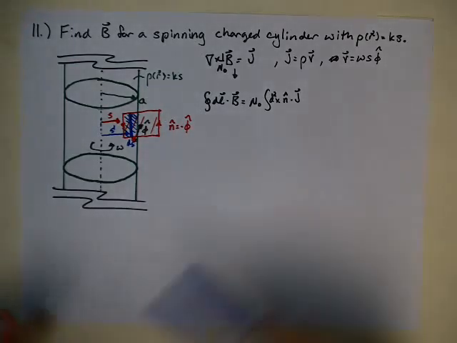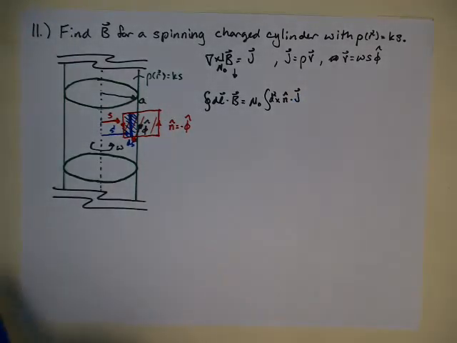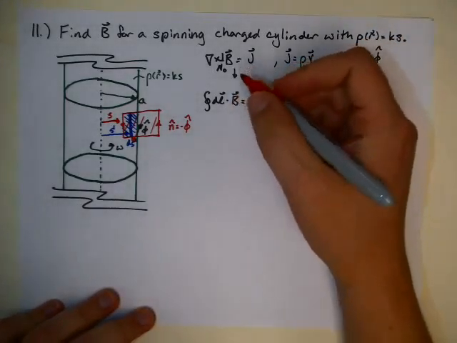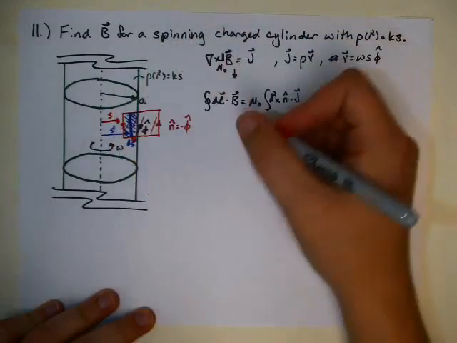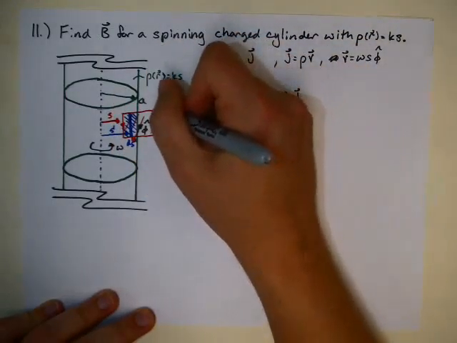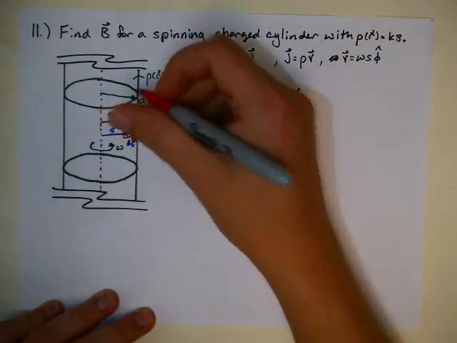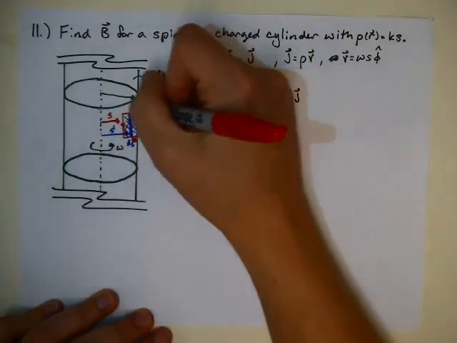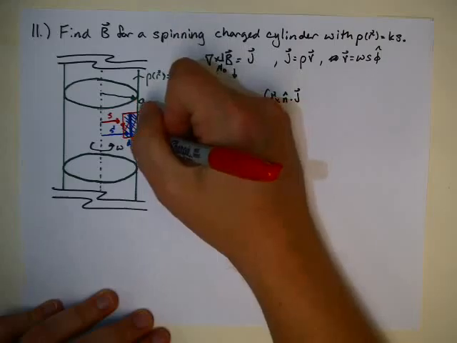And so now that helps us write down what this volume integral here is going to be. On the left-hand side, doing the loop integral, you're going to have the four terms. You're going to have the term going down, the term going up, and the term going out, and the term coming back in.